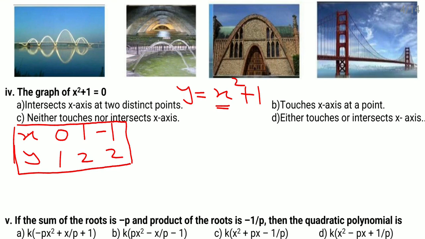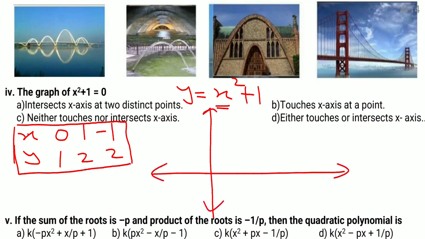Correct? Now I got three sets of x and y. I will just draw the graph. Look at this one here. Now this is the x-axis. This one is the y-axis. This is 0 here, 1 here, here minus 1, then here plus 1, this is 2. Okay. So the 0, 1 point will be at this position.